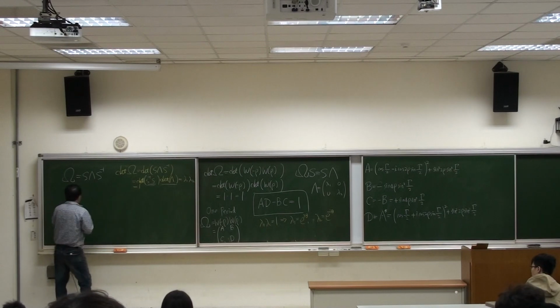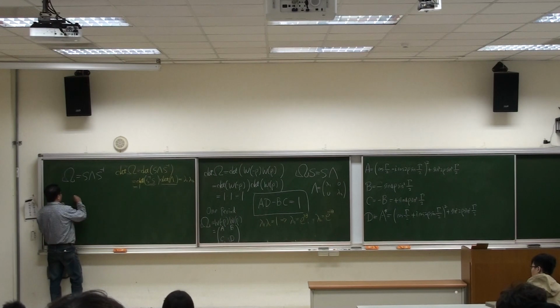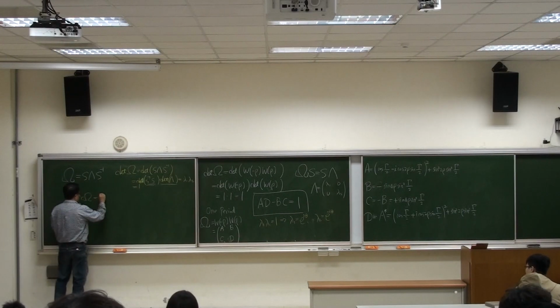Then we get the property that the trace of omega is equal to the trace of lambda.